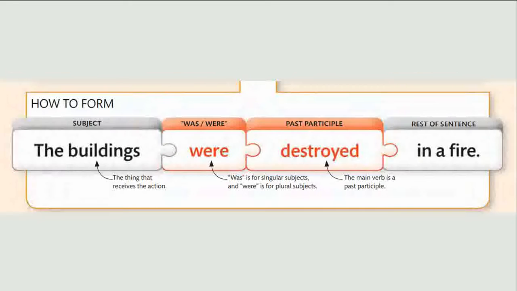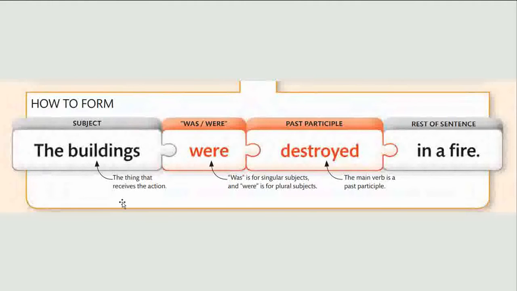Now let us look at the construction, how to form such a sentence. Let us first look at the table. It has a subject, then the auxiliary was or were depending on the subject, and then we have the past participle, that is with an ed, or the past participle form. Then the rest of the sentence. The sentence before us is: the buildings were destroyed in a fire.